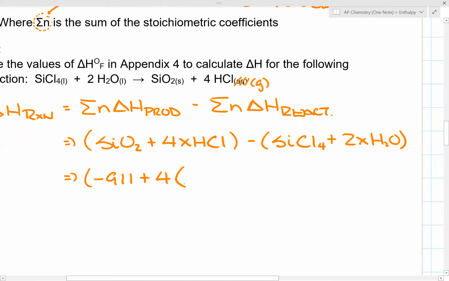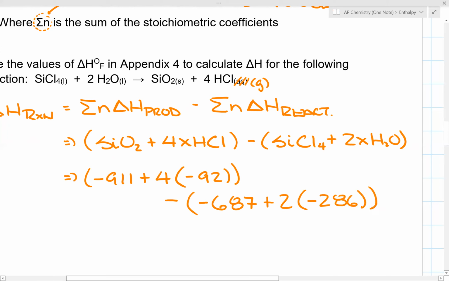If we look for HCl gas, it is negative 92, minus, I'm just going to put in the second line here, negative 687 plus 2 times water. Water is a liquid, and water as a liquid is negative 286. Okay, so what we get is 911 and 4 times 92.